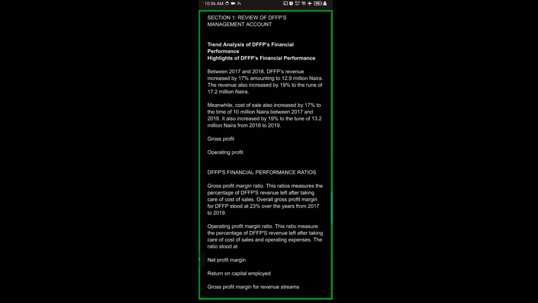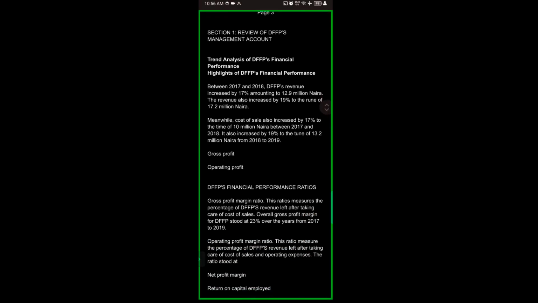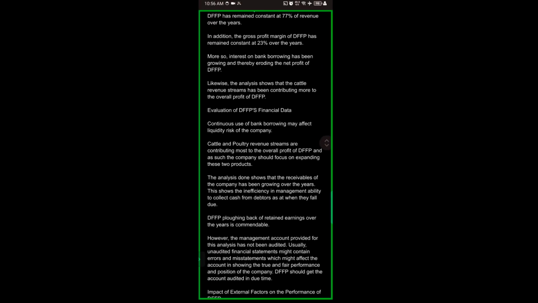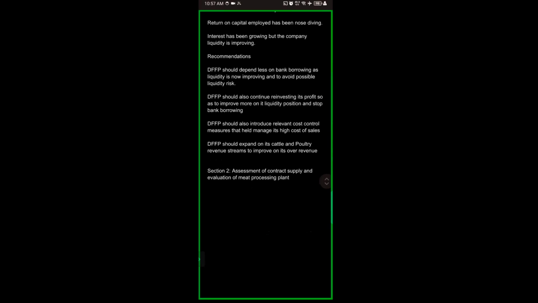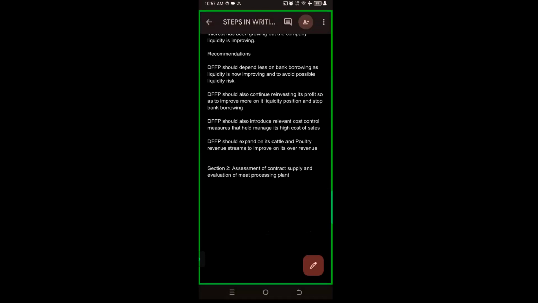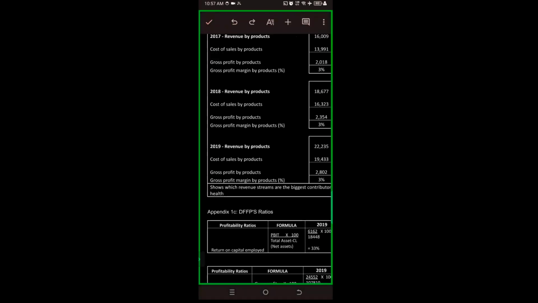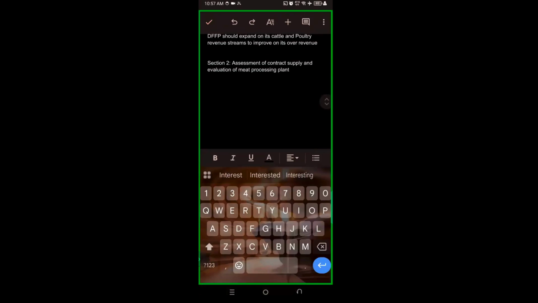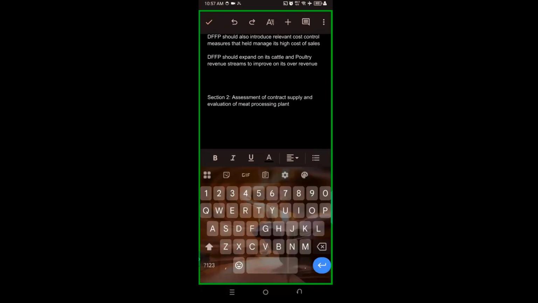Okay, so of course this section 1, depending on your handwriting and how you write, could take maybe 5 pages or thereabout. So if you have stopped at page 3, the recommendation should be ending at, let's say, page 8.